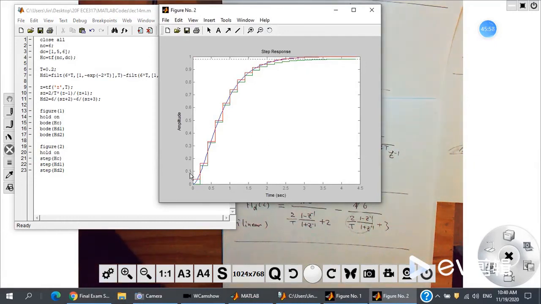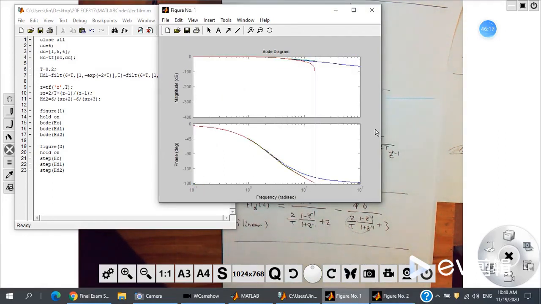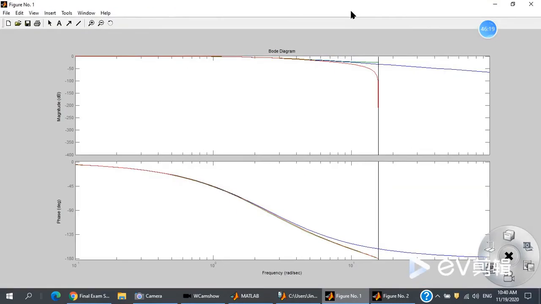Okay, you see, for the step response, the red and the green are the digital ones, and the blue one is the analog one. They are quite close, not exactly the same, but it is fine. And for figure 1 in the spectrum, for the lower frequency part they are quite similar, but when frequency gets higher, they differ more and more.